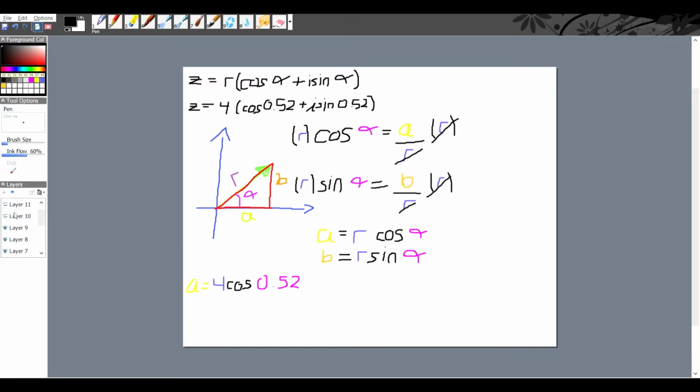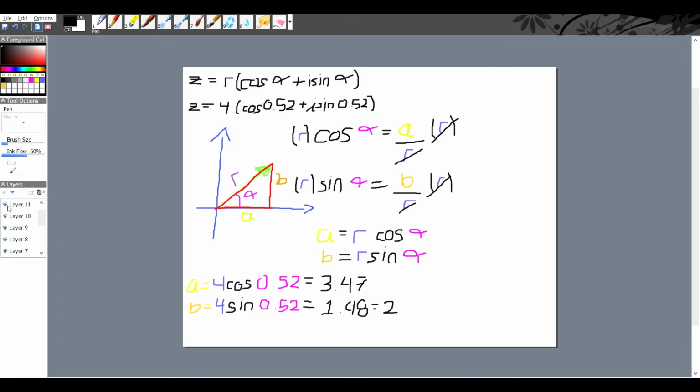After pointing this out about the angles, we do the same with b, but instead of cosine it is sine.